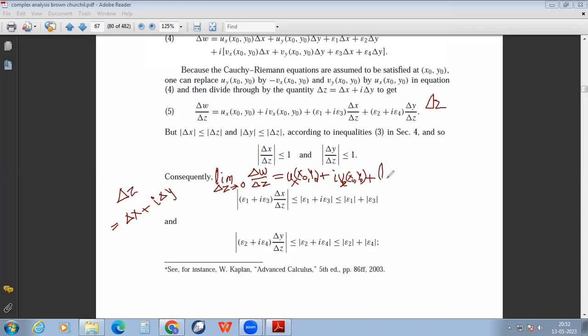So the limit, as delta x, delta y tend to 0, 0, and what you have inside is epsilon 1 plus I epsilon 3 into delta, and this part is going to turn 0 as you are watching.